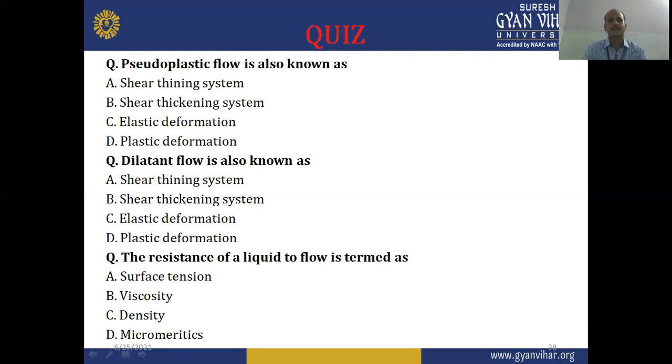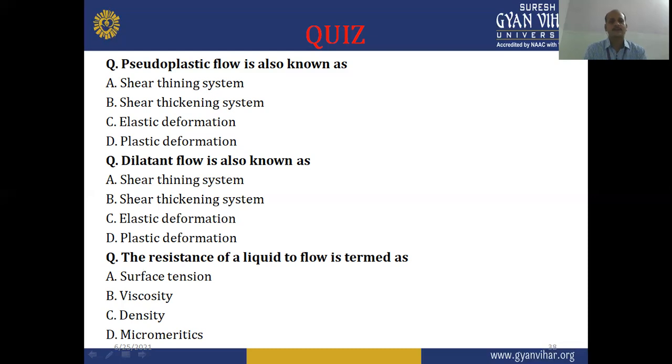So we already discussed in very detail the pseudoplastic flow. Please go through it and find out the correct option for this question. Next one is: the dilatant flow is also known as shear thinning system, shear thickening system, elastic deformation, and plastic deformation. So what is the dilatant flow? You can pick the correct answer.